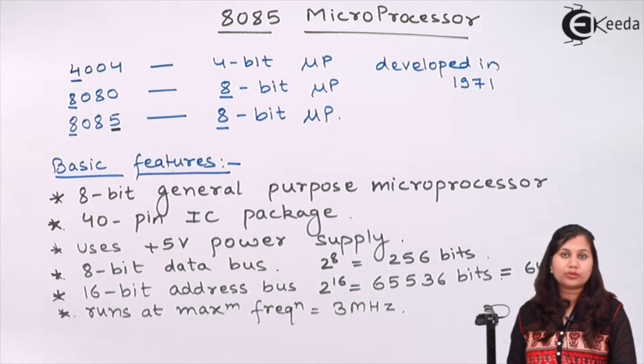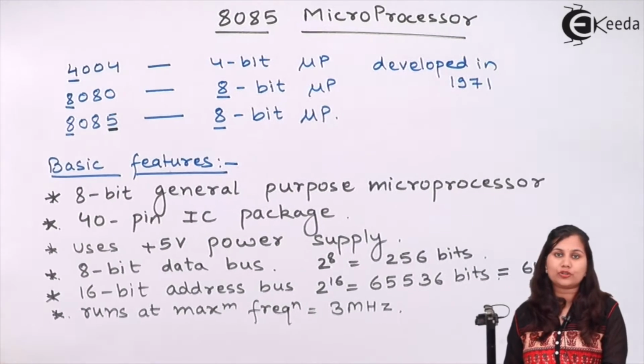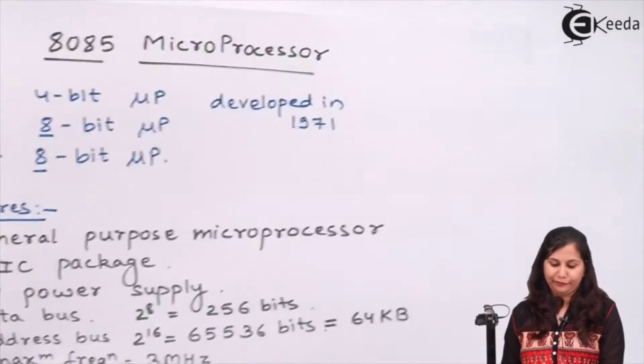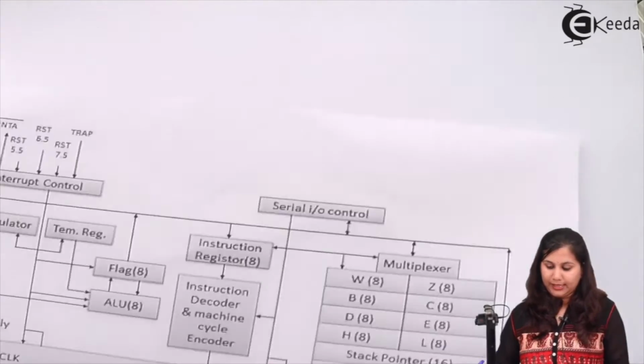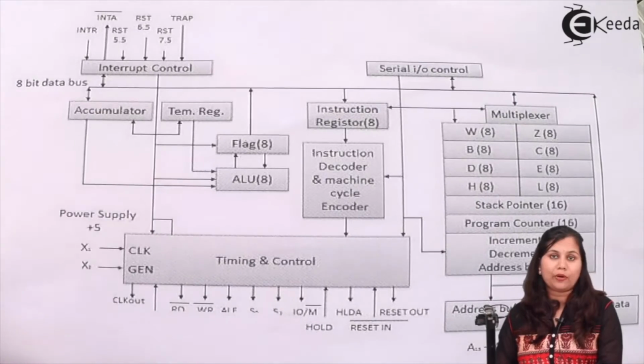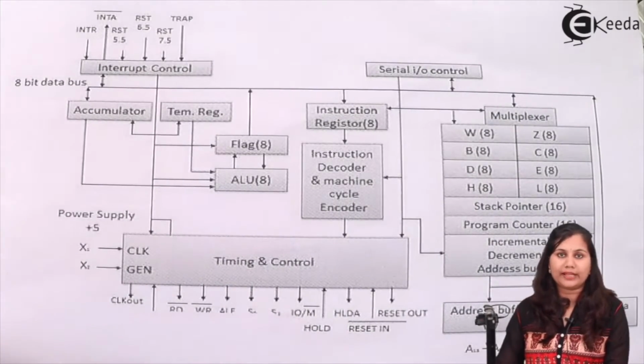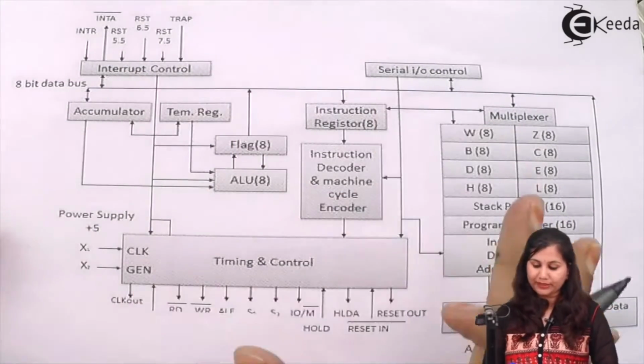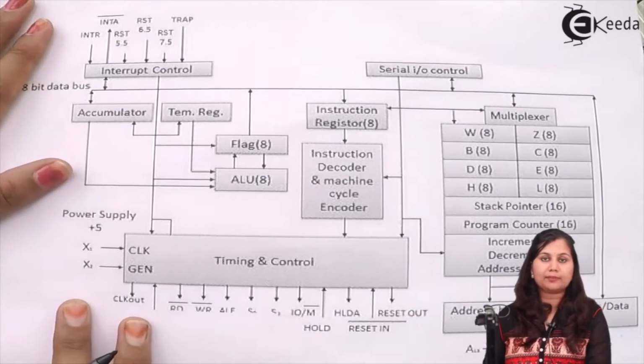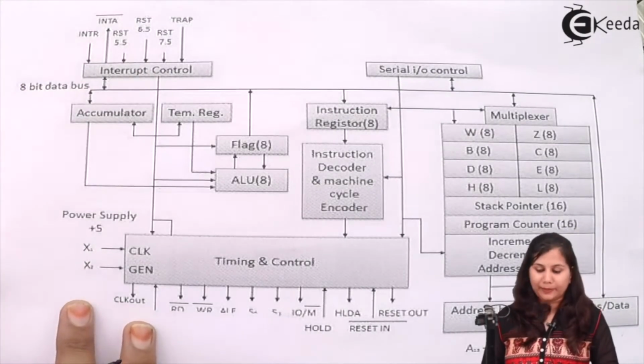Now let's come to the block diagram or the architecture of the 8085. This is the block diagram, or we can say the architecture of 8085. It is showing the various components or the various blocks of the microprocessor.